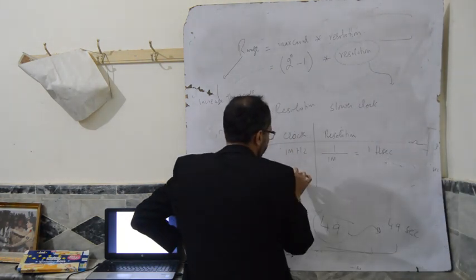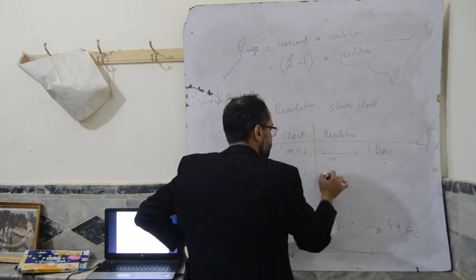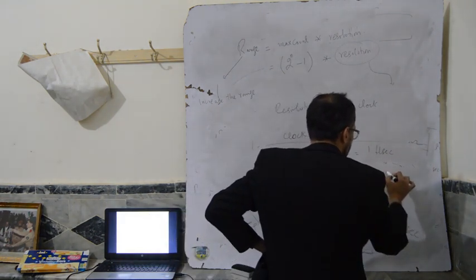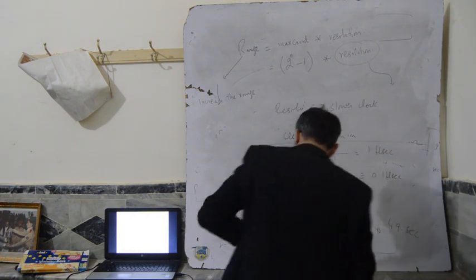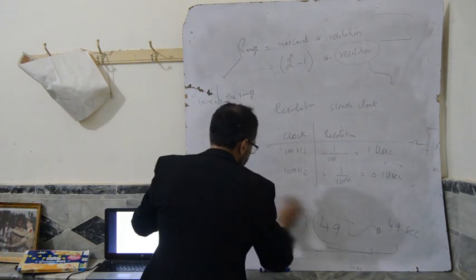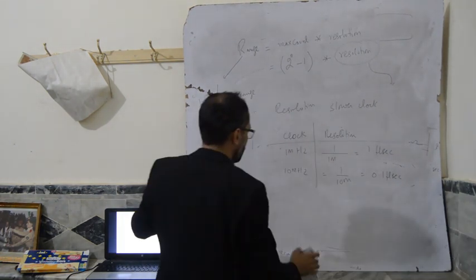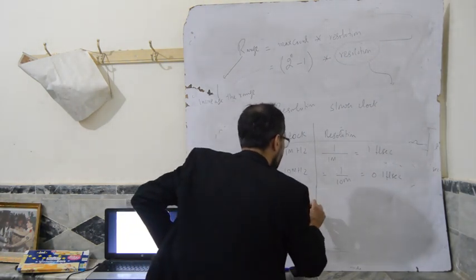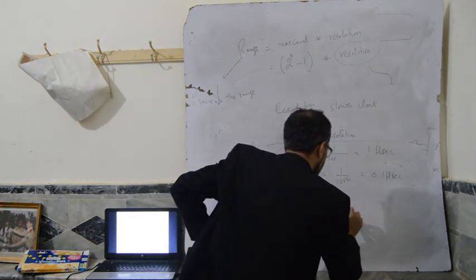If you are using a clock of 10 megahertz, this will be 1 divided by 10 mega, and this will be a resolution of 0.1 microsecond. If you are using a clock of 1 gigahertz, the resolution will be 1 nanosecond.